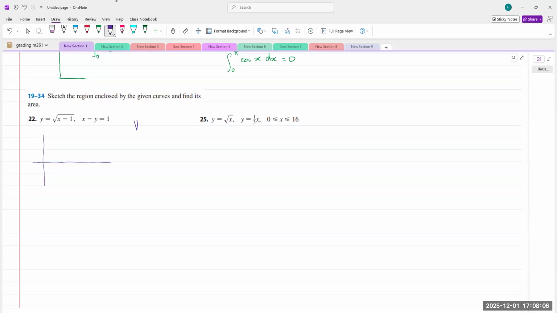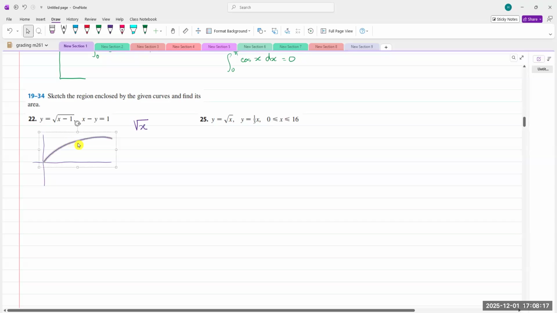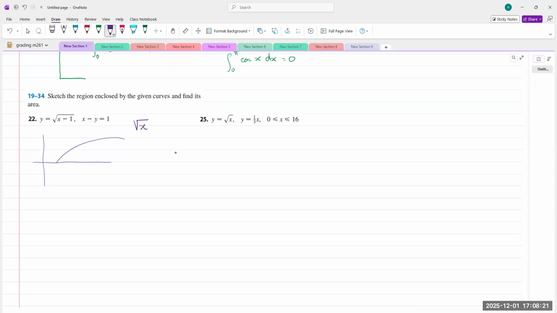The basic function is square root of x, which looks like this approximately. But then I move to the right 1 unit. So let's move this to the right 1 unit. Let's say it looks like this. That's square root of x minus 1. It actually does not really look like that though, I'm sorry.